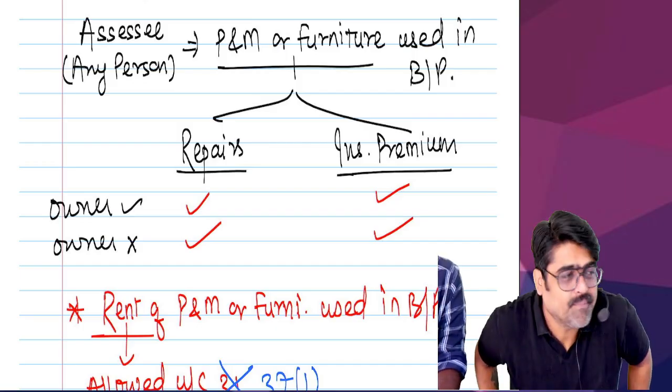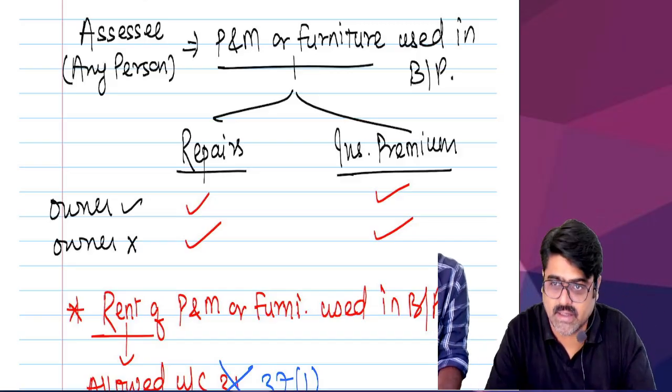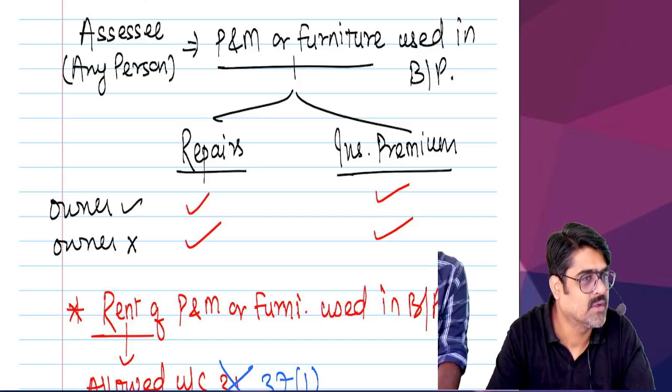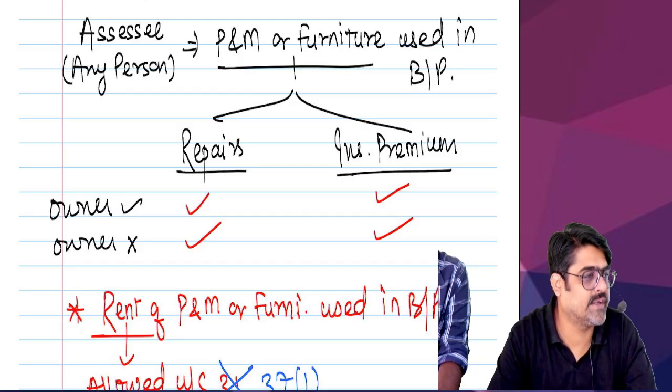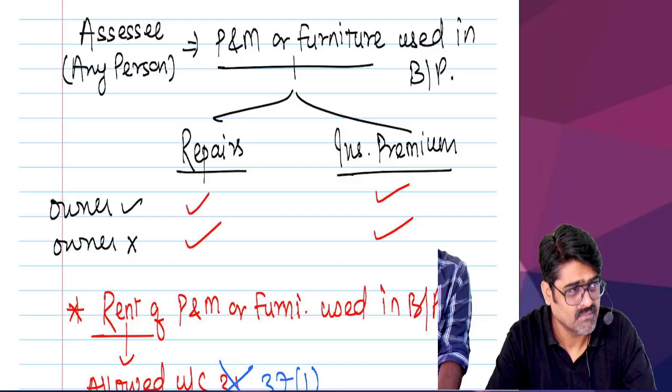So what did I say? To keep the asset in the working condition in my business, I might incur some repairing expenses. Because of these repairing expenses, the value and the capacity of my asset is not increasing. So those are known as current repairs, and will be allowed as a deduction.